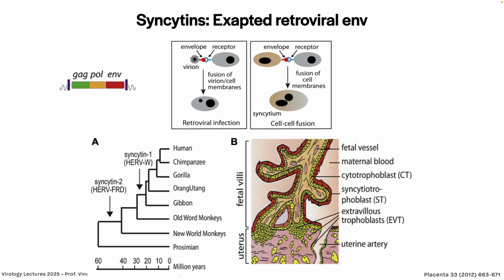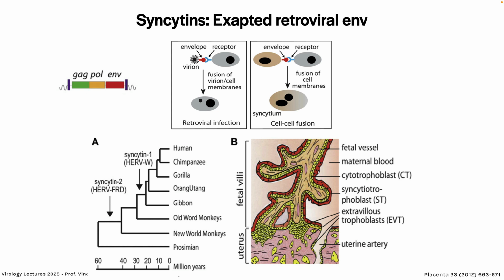So the envelope protein, as you know, allows the virus to fuse with host cells. So if the envelope is just expressed on a cell, it can fuse with the neighboring cell, and that's how syncytiotrophoblasts arise. This is called exaptation, when you take, say, a viral gene and use it for something else for your purposes.